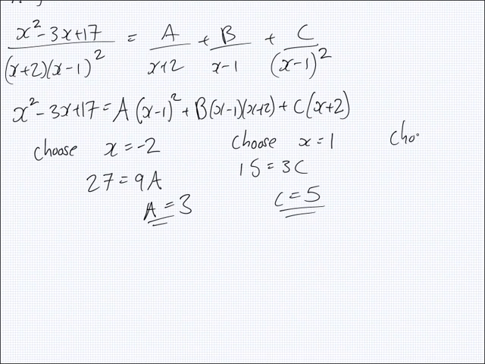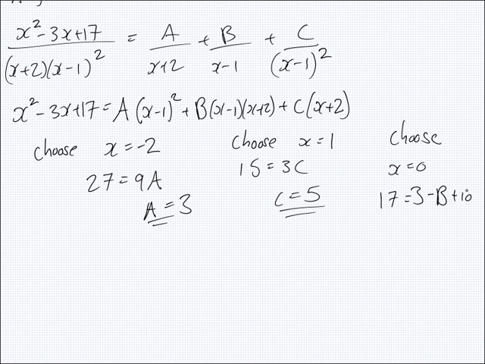All right, so lastly, how can I get the B? Substitute A and C into the equation. What would be a good value for x? 0. So if I put in 0, I'll get 17 equals 3A, which is 3. And this would be minus B, and then this would be 2C?